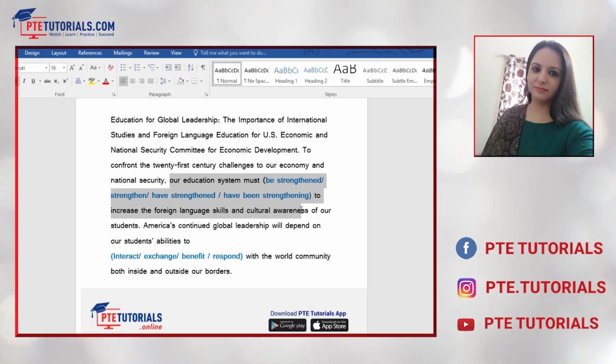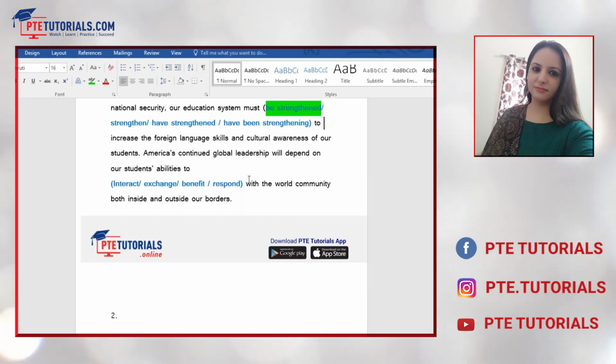The next: America's continued global leadership will depend on our students' abilities to dash with. Now find a form of verb which will be collocated with the preposition with. Respond to, you always see respond to.